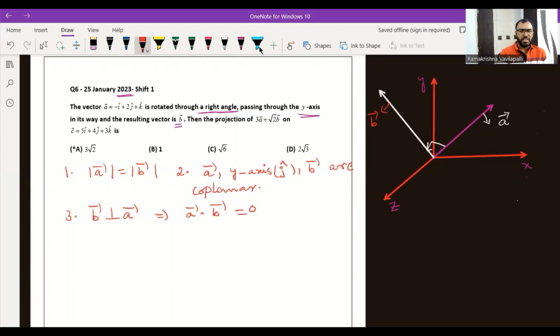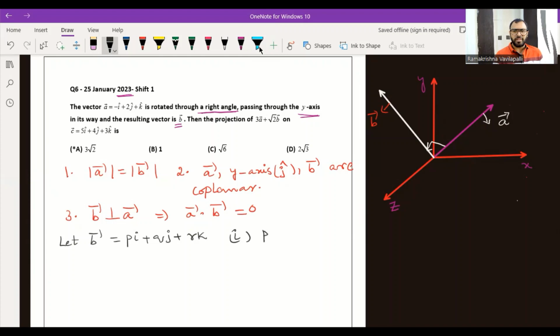So here, let B bar equal pi plus qj plus rk. We will use the first condition: mod A bar equals mod B bar.